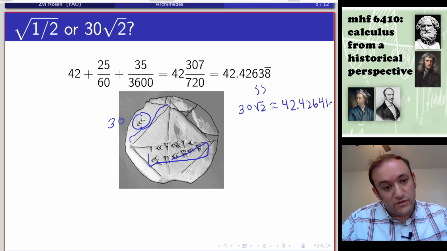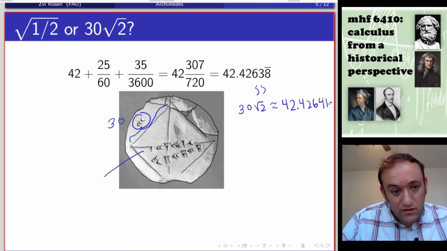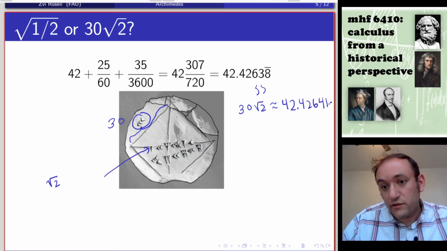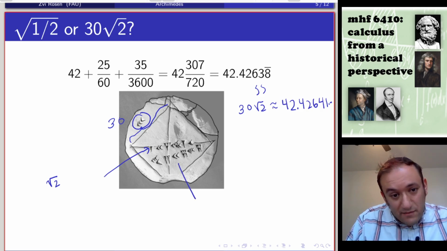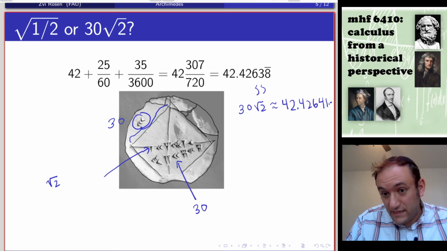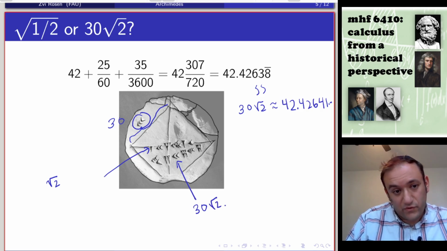Maybe the student would write down square root of 2 to high accuracy to start off their computation, and then this number is the length of the diagonal, 30 times the square root of 2. So that would be this length.